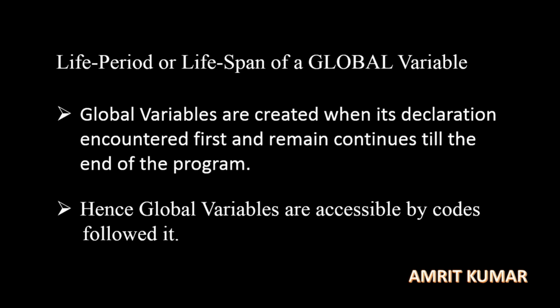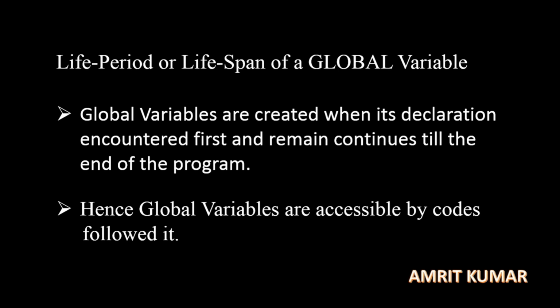Now, life period or lifespan of a global variable. Moving on to the first property of the global variable, that is life period or lifespan. The first point says that a global variable is created when its declaration is first encountered and remains continuous till the end of the program.